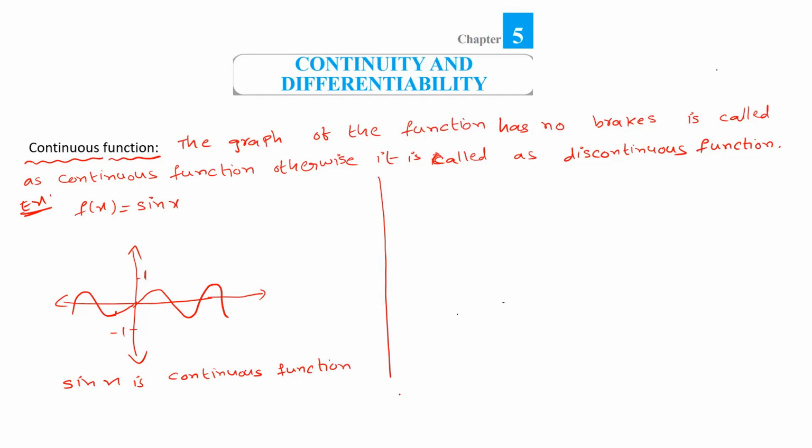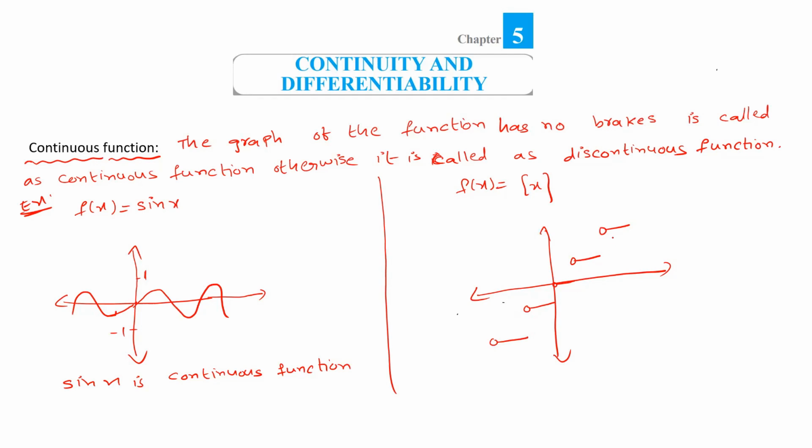And what is, for example, a discontinuous function? We'll take f of x is equal to the greatest integer function. How will it look? We know it is a step function, like this. The graph goes step by step, and there are breaks.